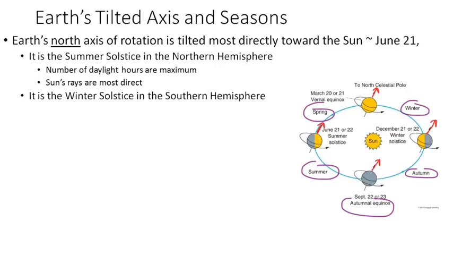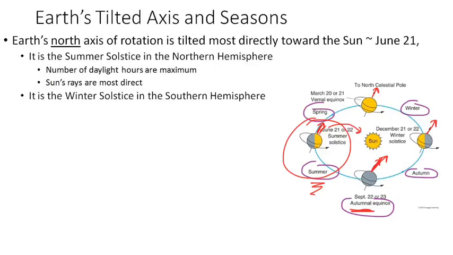We call these important times solstices and equinoxes. When the Earth's north axis of rotation is leaned as much in towards the sun as possible in the northern hemisphere, we are experiencing summer. Then we go 3 months later, and here our tilt is sideways relative to the sun, and that's one of our equinoxes, the autumnal equinox.